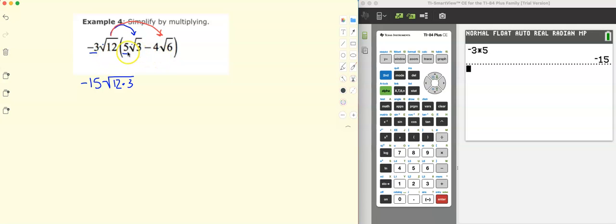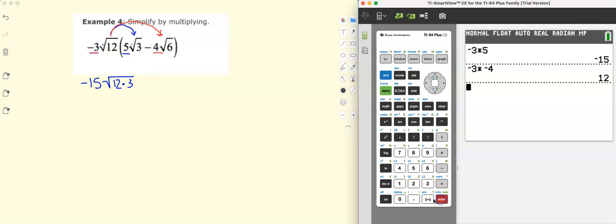Now, when you're multiplying them, same thing. Multiply the numbers on the outside to the numbers on the outside, and the numbers on the inside to the numbers on the inside. So therefore, you're going to multiply -3 times -4. If I didn't know what that was, I'm just going to go to my calculator, -3 times -4. And guess what? I get a +12.